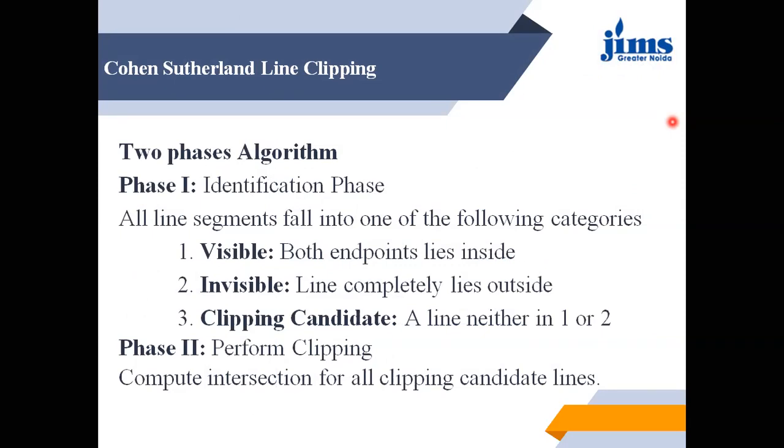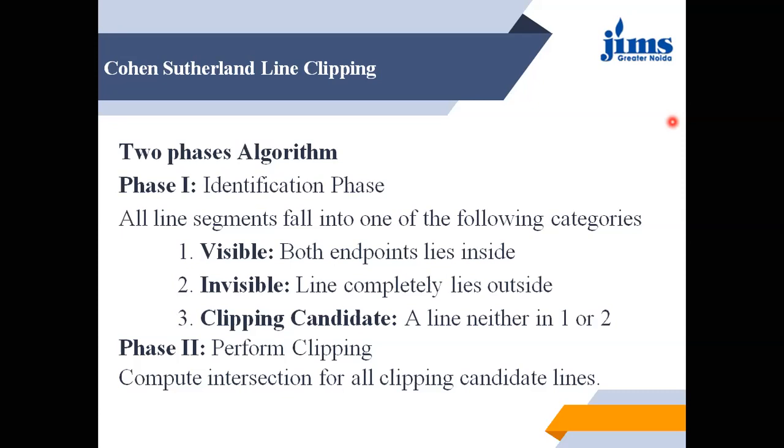In phase 1, we have to identify whether the line is visible, that is, both endpoints lie inside the window, or invisible, that is, the line is completely outside the window, or it can be a clipping candidate. It means that if the line is not visible or invisible, in that case we have to clip the line.